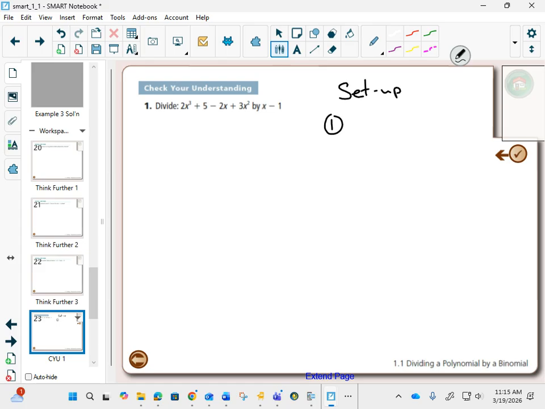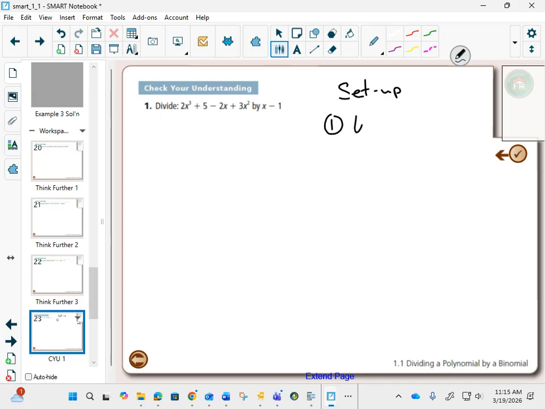you must write the polynomial in the right order. So, you see how I have the 2x cubed? What probably should come next instead of the 3x squared?